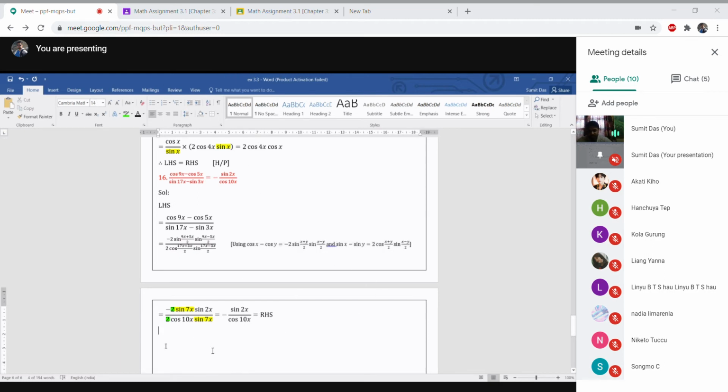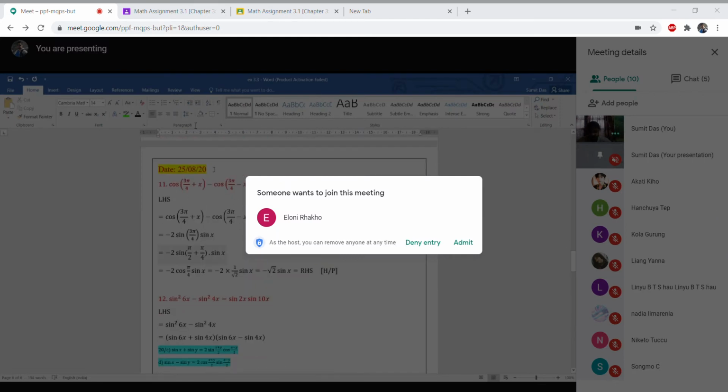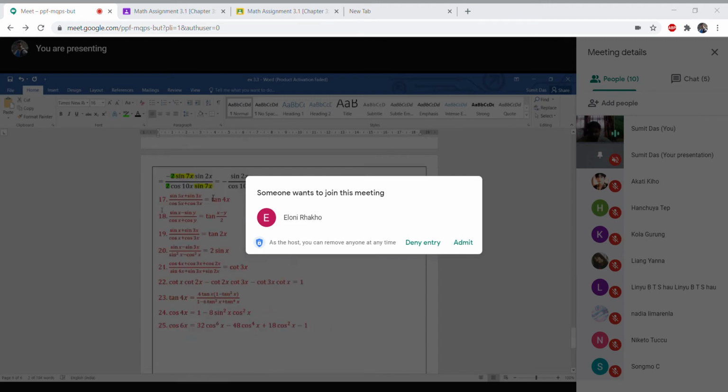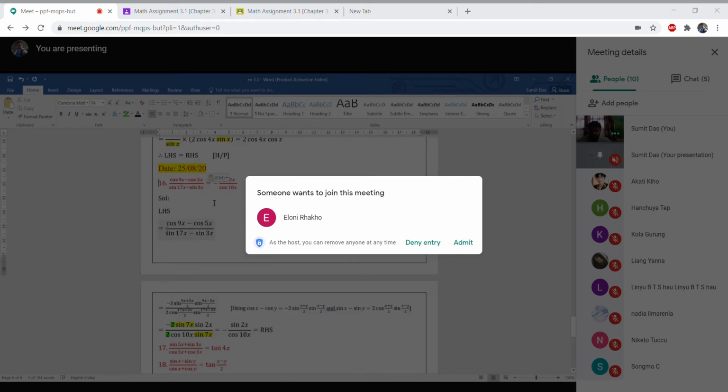Understood? Any doubt regarding this? It is so easy if you know where to use the formula. But if you don't know where to use the formula, that can make trouble for you. So the next question I'm giving as homework, because it is the same question. This is 27.